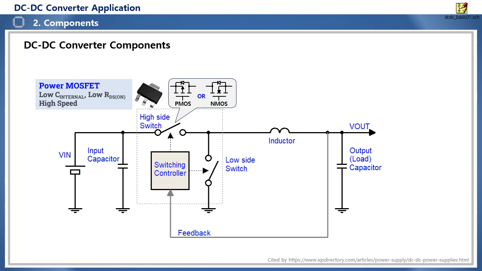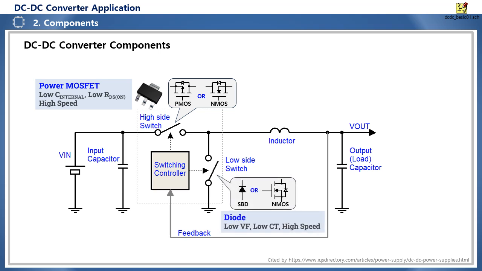In addition, a type with low on resistance between the drain and source of the MOSFET must be used to reduce switching loss. It is common to use a Schottky barrier diode with low forward voltage to minimize losses due to forward voltage drop and improve efficiency.